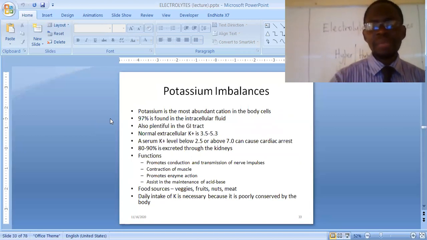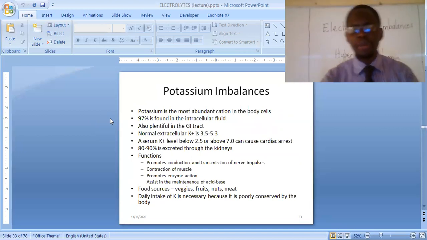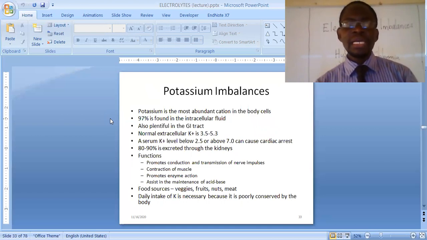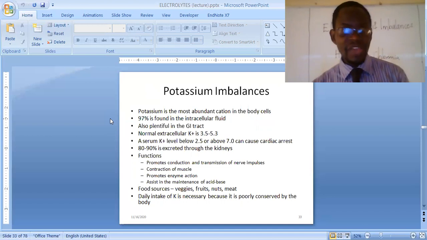Now, the potassium imbalances that we should talk about are the hypo or hyper. But you should also know that potassium is the most abundant cation within the cells. We talked about this, intracellular, and 97 percent is found within the cell. We also have some in the GI.